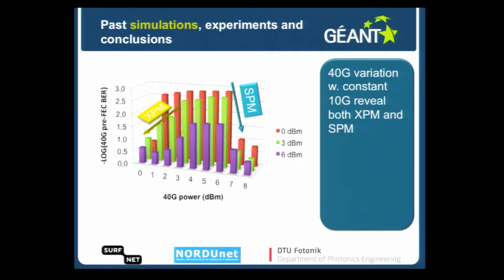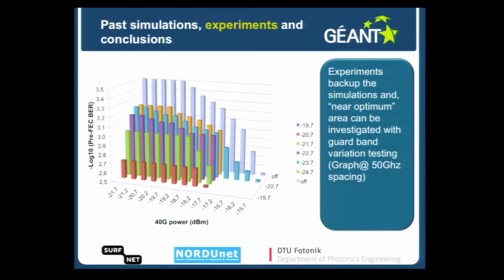It's a constant 10G, but with these three alterations, and a 40G that is increased, and then definitely we do see XPM effects and self-phase modulation effects also. What do we do that for? We try to find an optimum area to work with, and to know where we are with this system. That also then leads to the experiments, and hopefully we see the same thing.